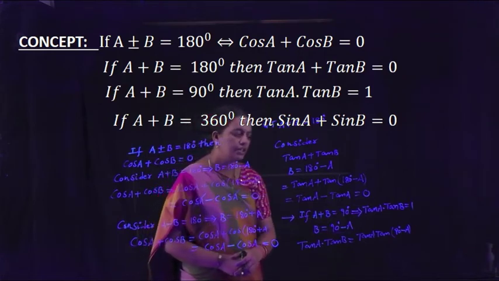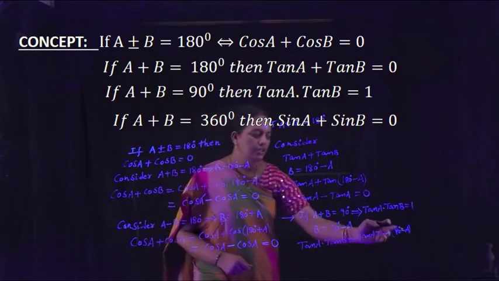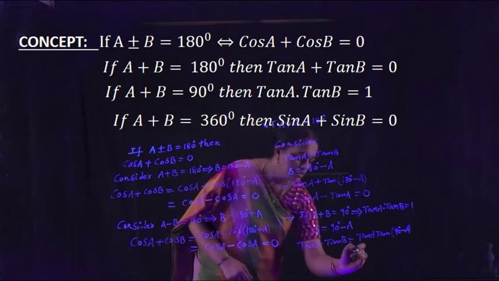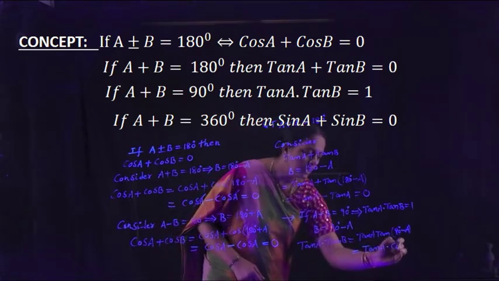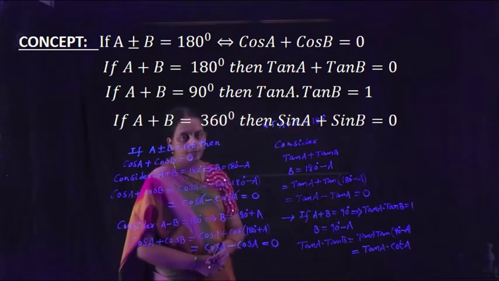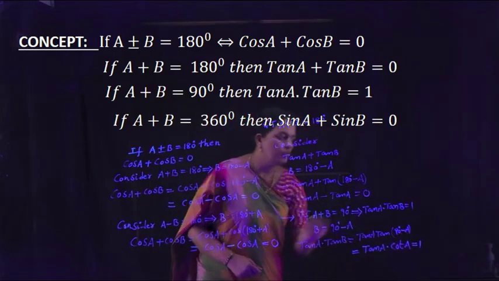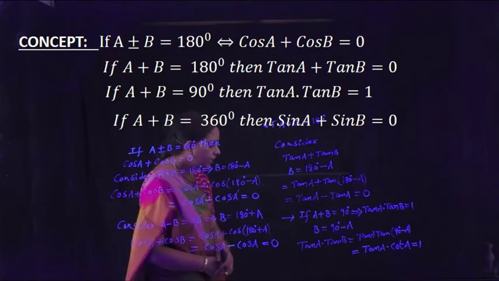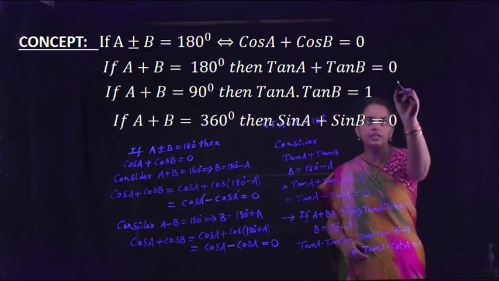In the first quadrant, all the trigonometric ratios are positive, and tan of 90 minus A means cot A. So this is equal to tan A into cot A, and we know that tan and cot are reciprocals of each other. Therefore, tan A into cot A is equal to 1. Similarly, we can prove the case if A plus B equal to 360.